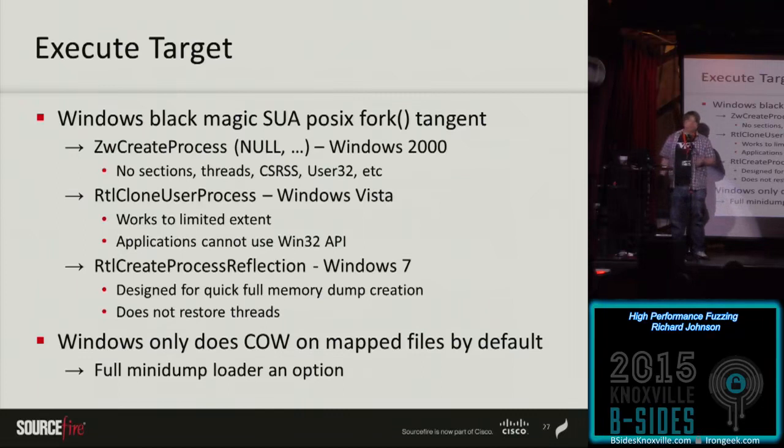And I was reading through the Cygwin archives from about 2007 or 8, and they had mentioned these two APIs, RtlCloneUserProcess and RtlCreateProcessReflection. They're undocumented, non-exported APIs that, as far as I could tell, nobody really has a working implementation for.